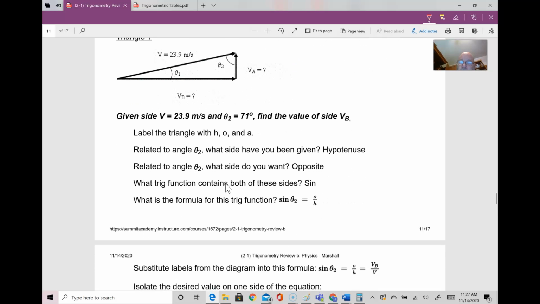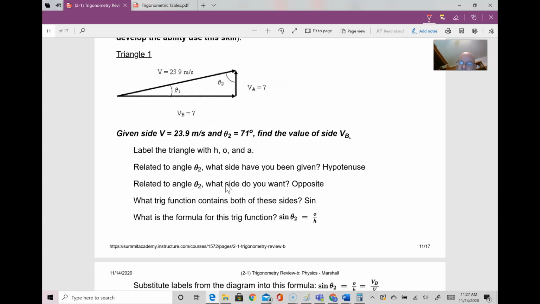Here's my triangle, and I've given you this side of the triangle, and I want you to use this angle, and I want you to find this side. Given side V equals 23.9 meters per second, and angle theta 2 equals 71 degrees, I want you to find out what this side is.